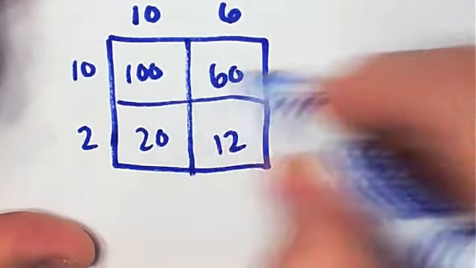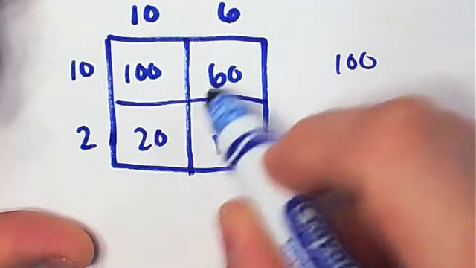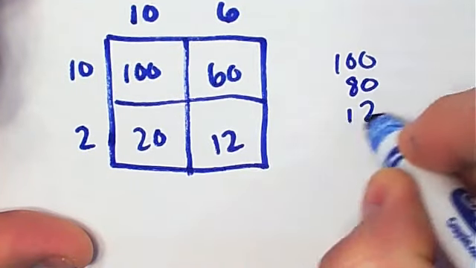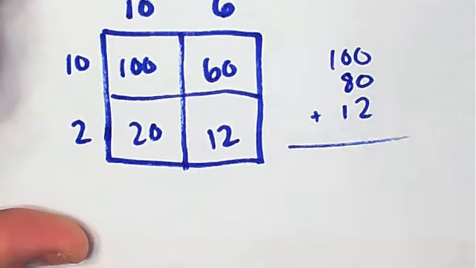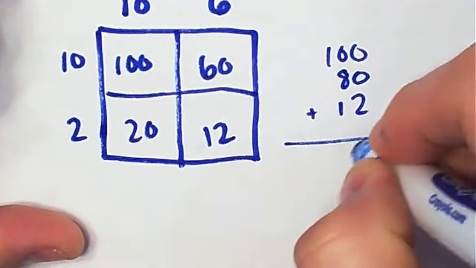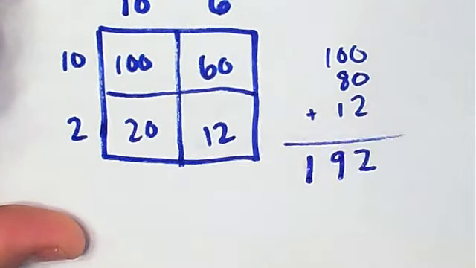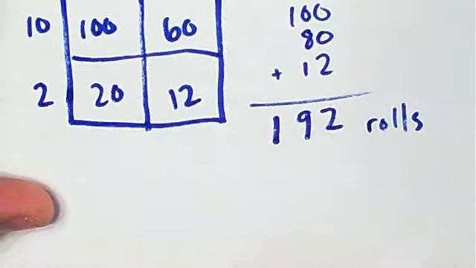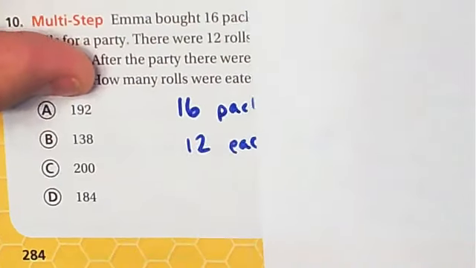And now we add. And I think I can do this in my brain, so we're going to see if I can do this in my brain. So 100, easy. 60 and 20, 80. And then 12. So I combined a couple of those to make it a little bit easier. And pretty simple addition here. We have 192 rolls.